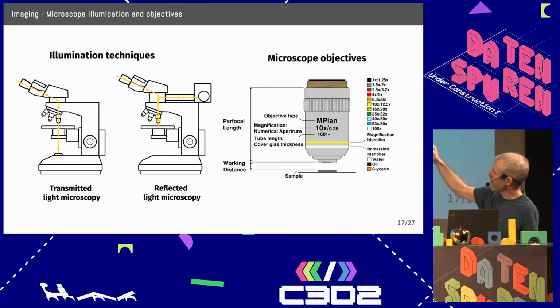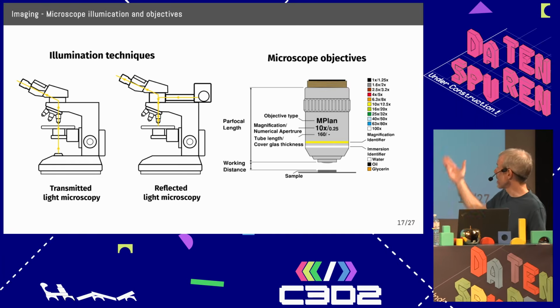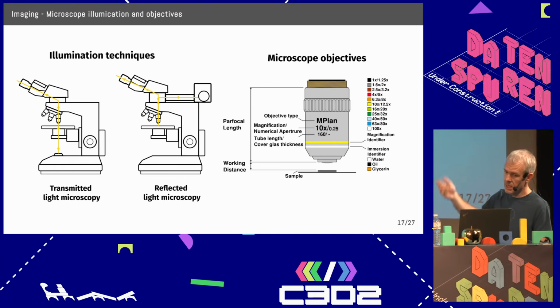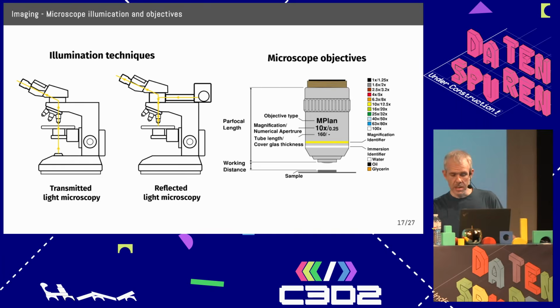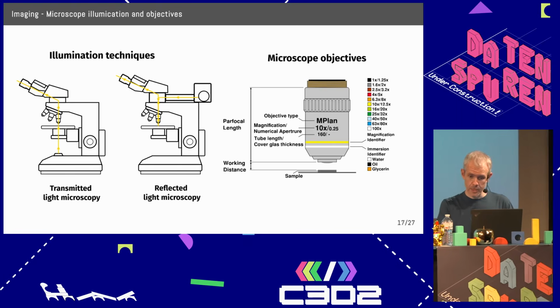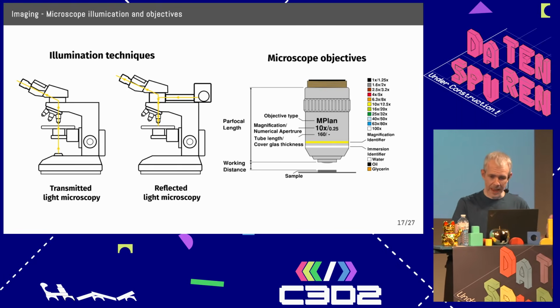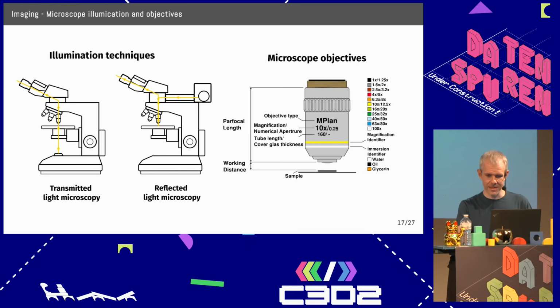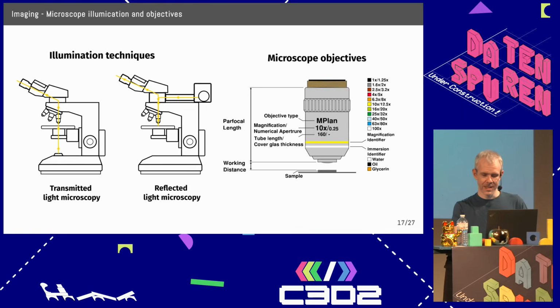The tube length is the distance the light travels from the objective to the eyepiece, and this doesn't change in your microscope. So if it's 160, you need to buy 160 objectives. There are also infinity-corrected objectives, and personally mine is a bit uncommon, it's 210.